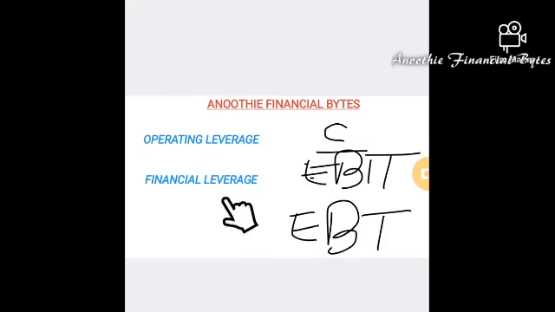So the higher the financial leverage, the riskier the company will be. Therefore, the lower the financial leverage, the less risky the company will be.